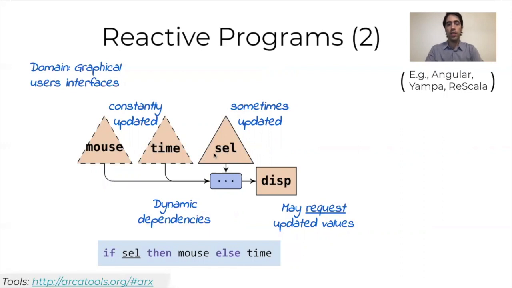On one hand, you see there are different kinds of streams: the ones that are constantly updated, quite often known in literature as continuous behavior, and the ones that are sometimes updated, often referred to as events or signals. And you also see a different characteristic, which is the notion of dynamic dependencies, because the result of the display will depend either on this stream or on that stream, not necessarily on both.